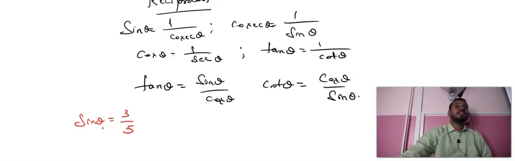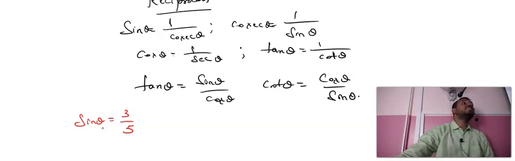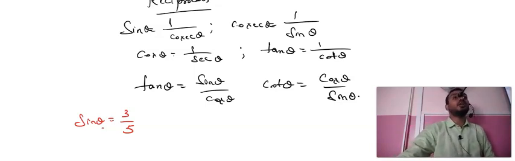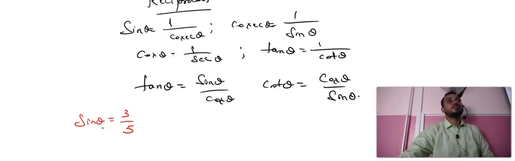I have given sin theta and I am asking cos theta. You have to draw the right angle triangle. Sin is opposite by hypotenuse. Find adjacent by using the Pythagoras formula. From that adjacent value, you have to substitute here. Then cos theta will be adjacent by hypotenuse. Please don't get confused. Directly sin theta is 3 by 5.